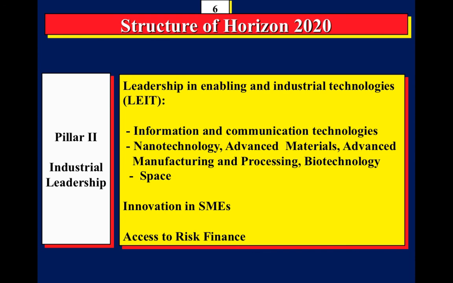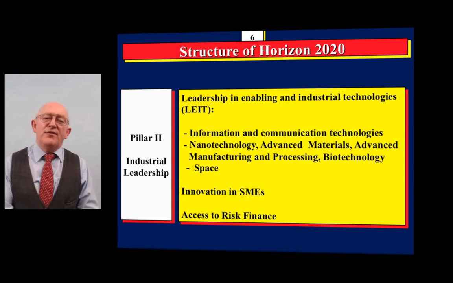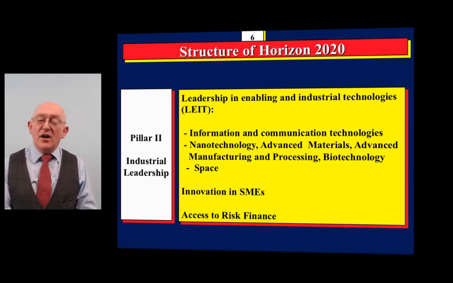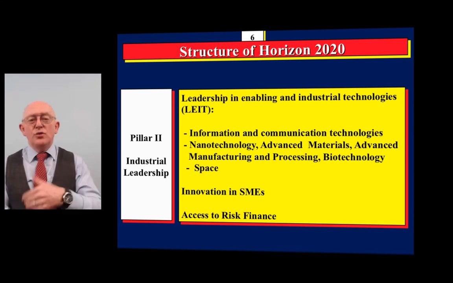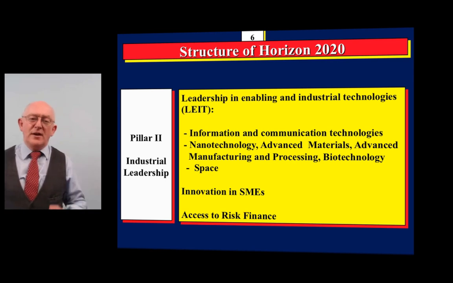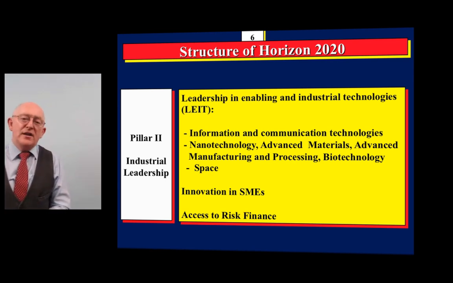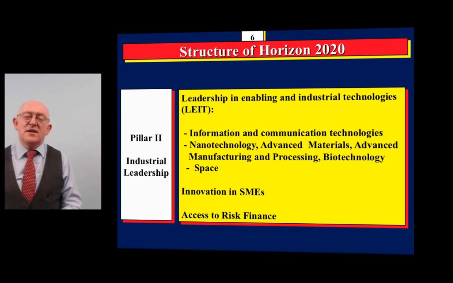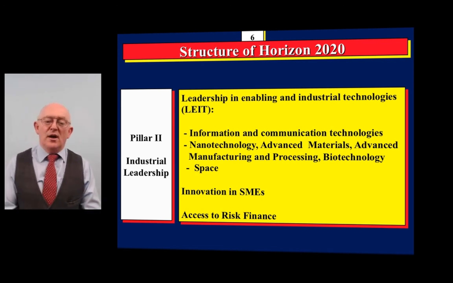It's about trying to stimulate investment in research infrastructures, and it's also about providing funding for investment in high growth SMEs, and this funding can go to venture capital or banks to invest in companies. So again, the main emphasis of this program is really looking at industry and looking at small and medium-sized enterprises to make them more competitive.